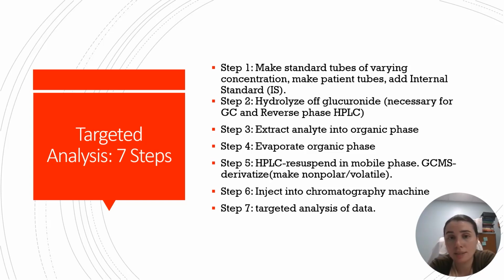At least for us, that is a necessary part of sample prep, and I'll talk you through what that is as well. Step 3, extract your analyte into organic phase. Step 4, evaporate the organic phase. Step 5, if it's HPLC, you just resuspend in mobile phase. If it's GCMS, you might need to derivatize. Step 6, inject. And step 7, perform your targeted analysis.